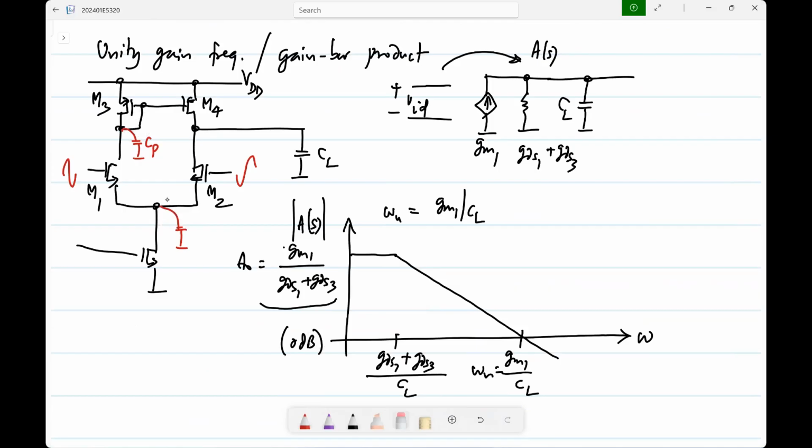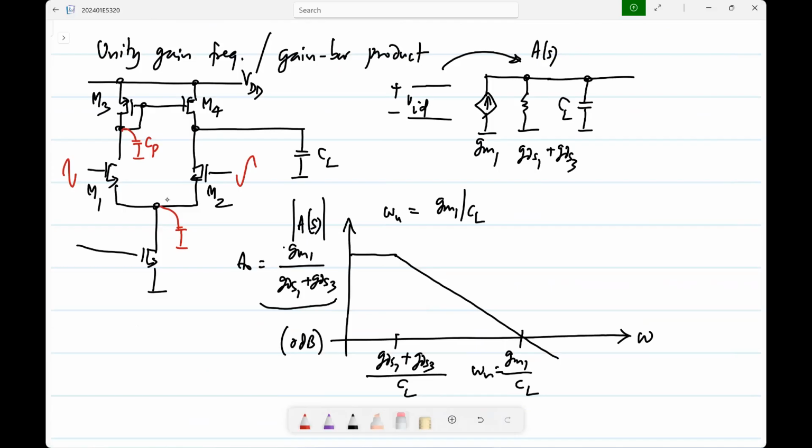What is the effect of the CP? What does it do? What do you think? What happens as a result?